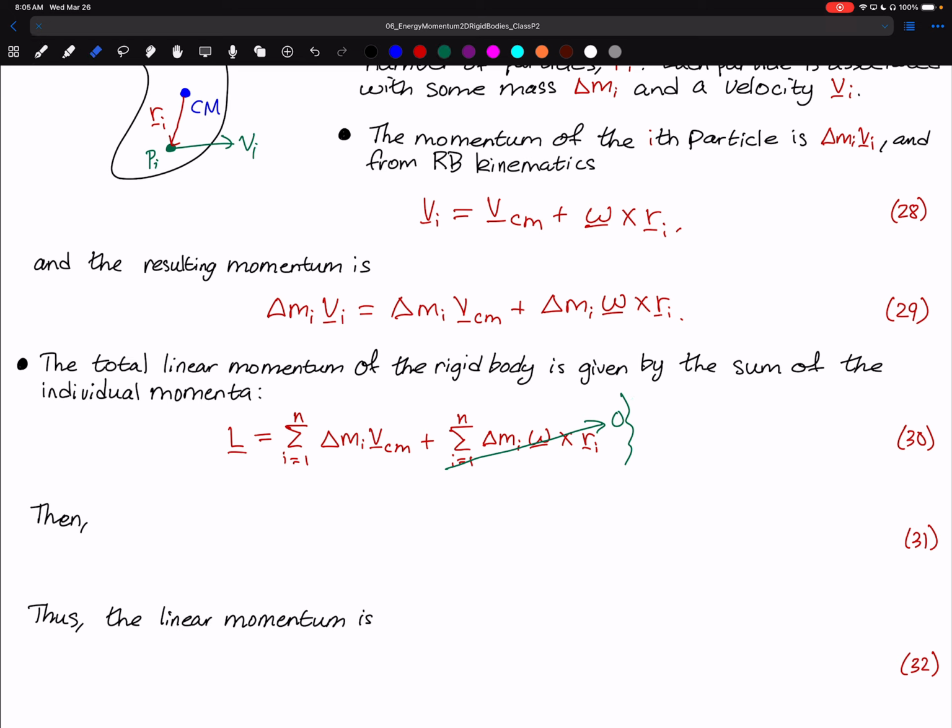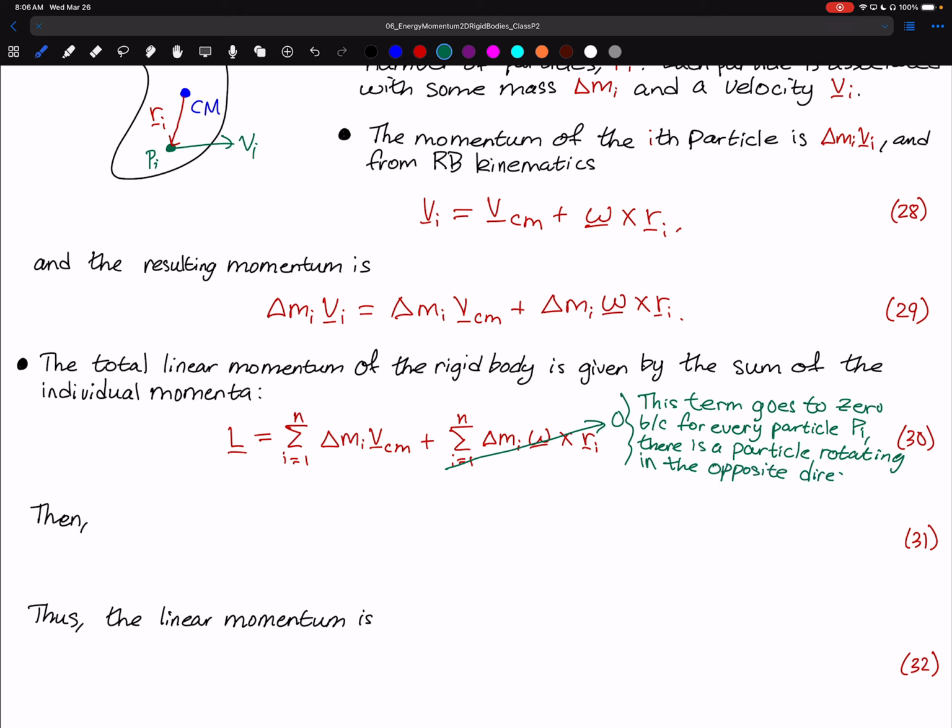So we'll say that this term goes to 0 because for every particle pi, there is a particle rotating in the opposite direction that cancels it out.